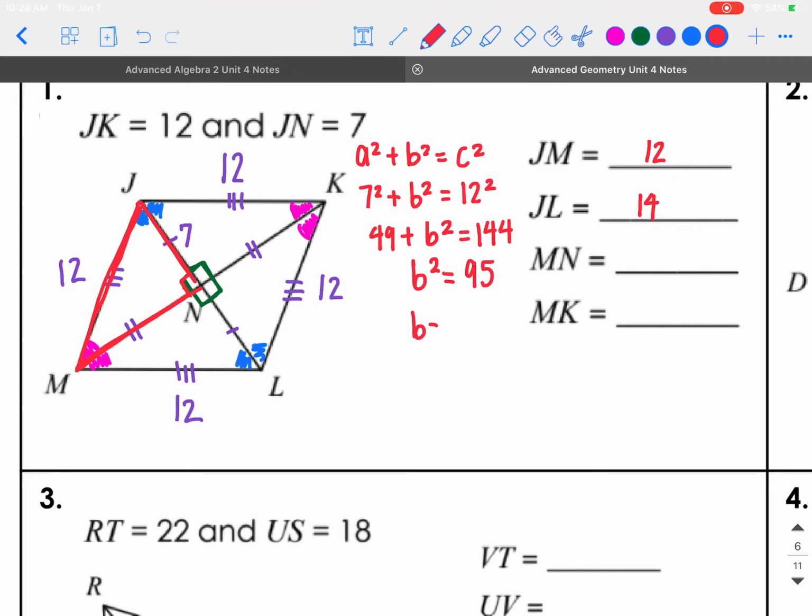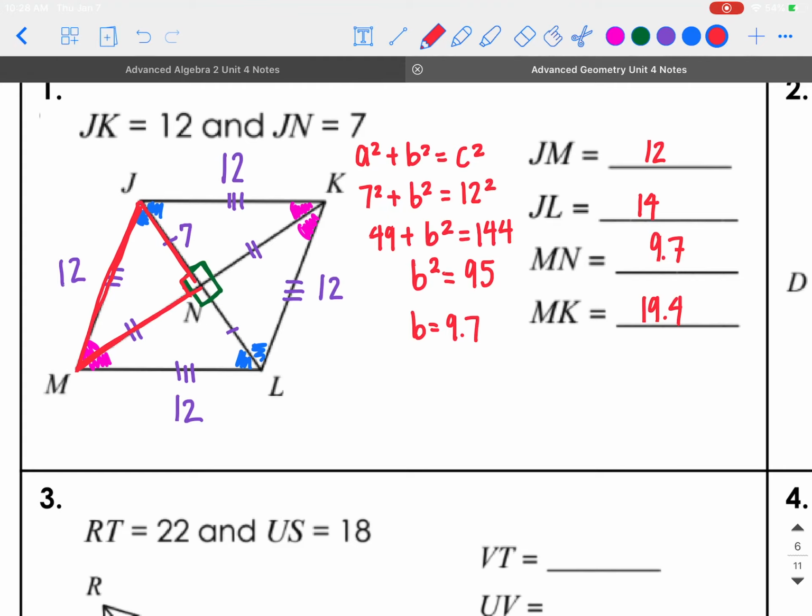And then if I take the square root, we get b equals 9.7. So MN is 9.7. So that means that MK is going to be 19.4, because 9.7 times 2 gives me MK.